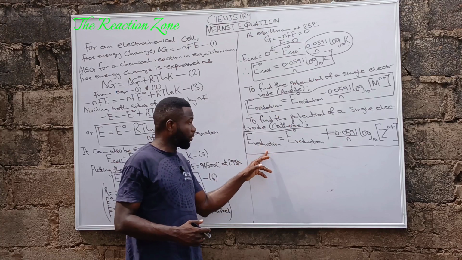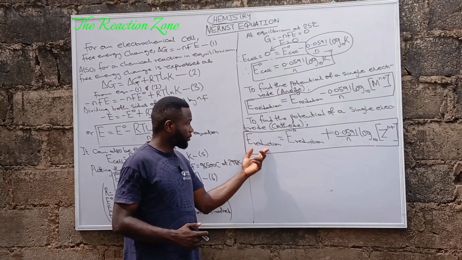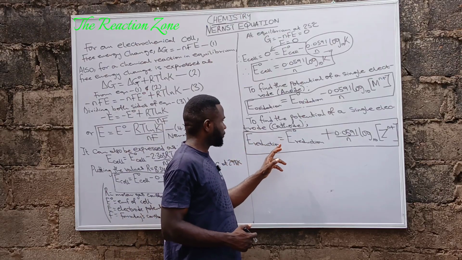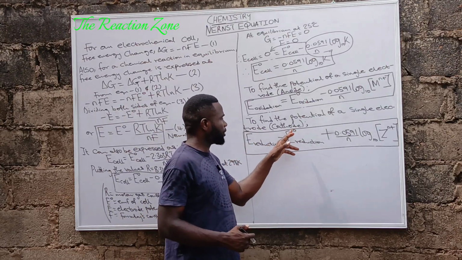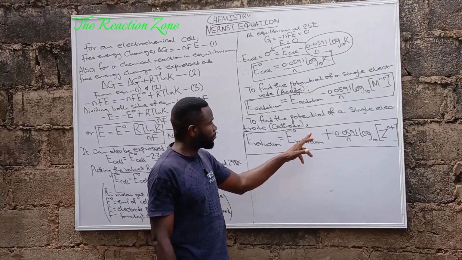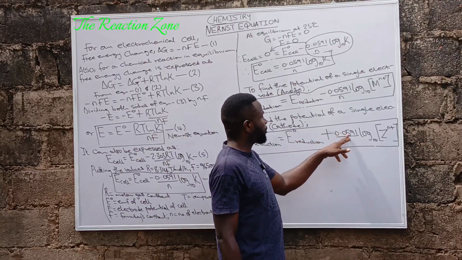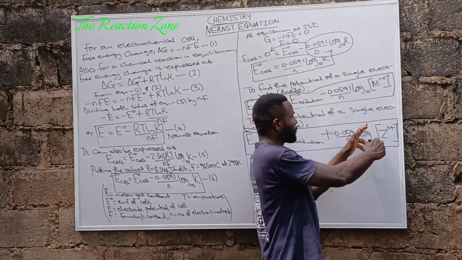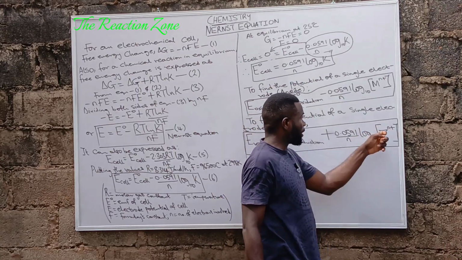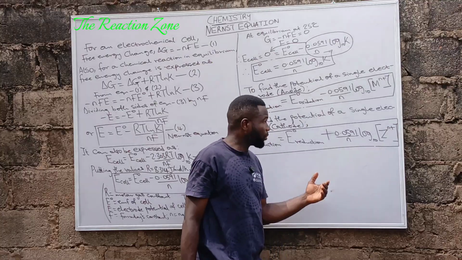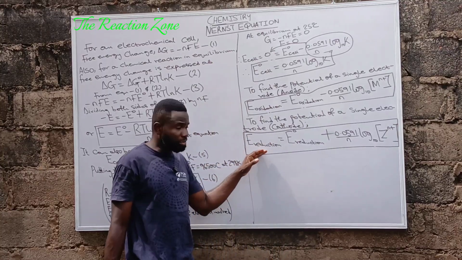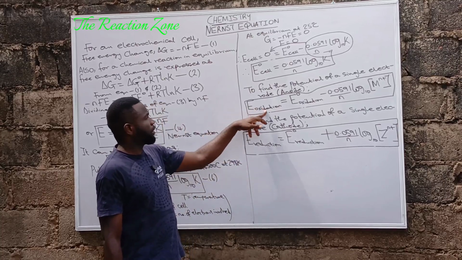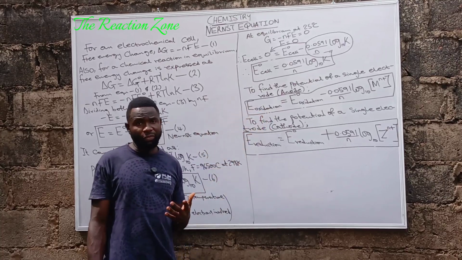E reduction stands for reduction potential of the cathode, and it will be equal to E reduction naught, which is standard reduction potential, plus 0.0591 over n logarithm to base 10 of the concentration of ion at the cathode. So this formula here can be used to find the reduction potential of the cathode, and the earlier formula can be used to find the oxidation potential of the anode.